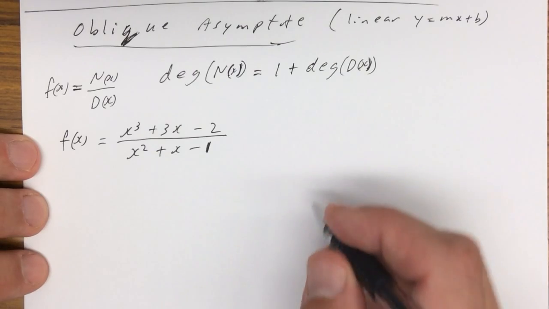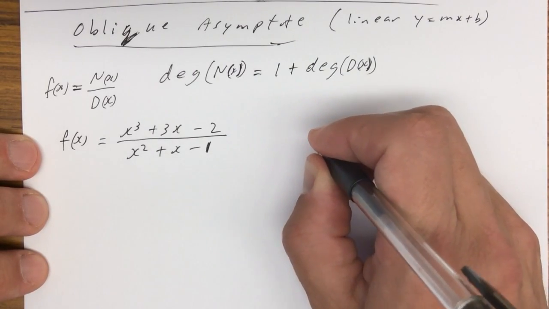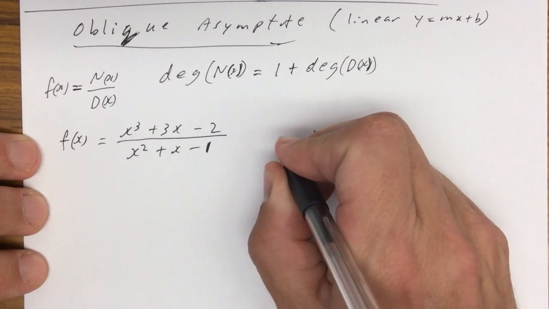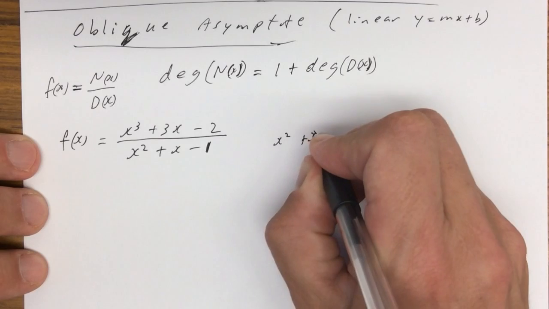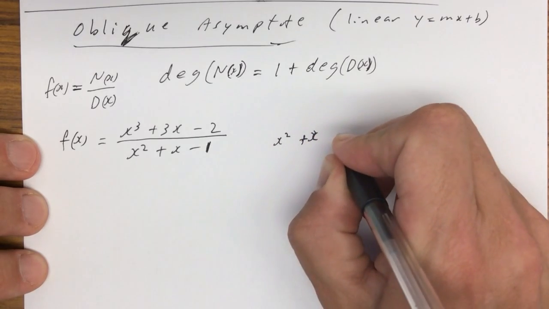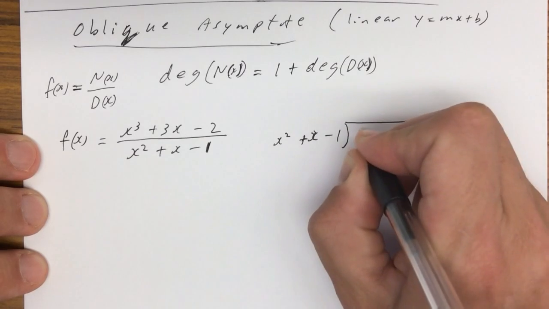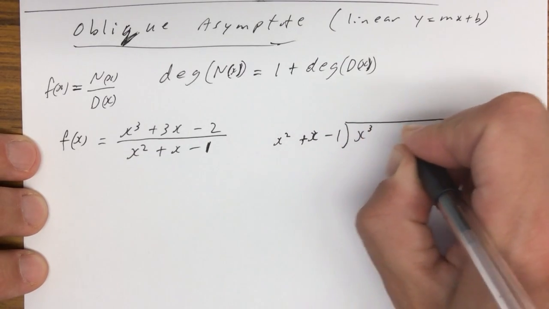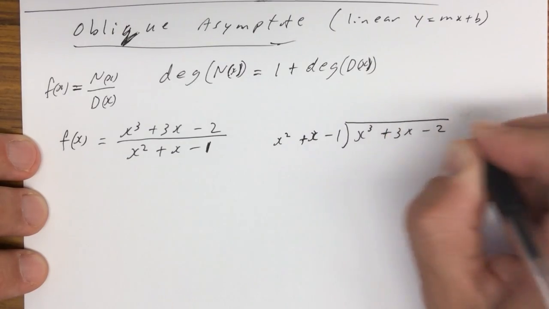Well, let's do the long division for this and take a look at what happens. So the long division, I'm going to do x squared plus x minus 1 divided into x cubed plus 3x minus 2.